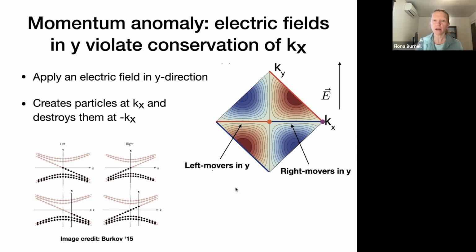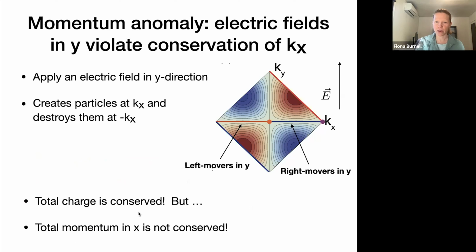We're going to get a creation of particles at this value of kx, but at its partner at the opposite value of kx, we're going to destroy an equal number of particles. So there's no issue with conservation of charge. But unlike in our 1D picture where the right movers and the left movers were attached by a single band, in this case, they're not.